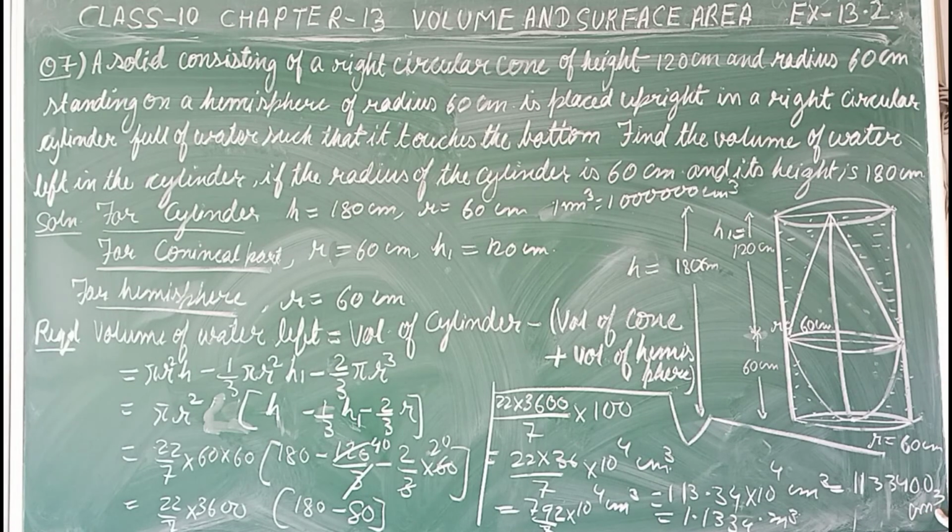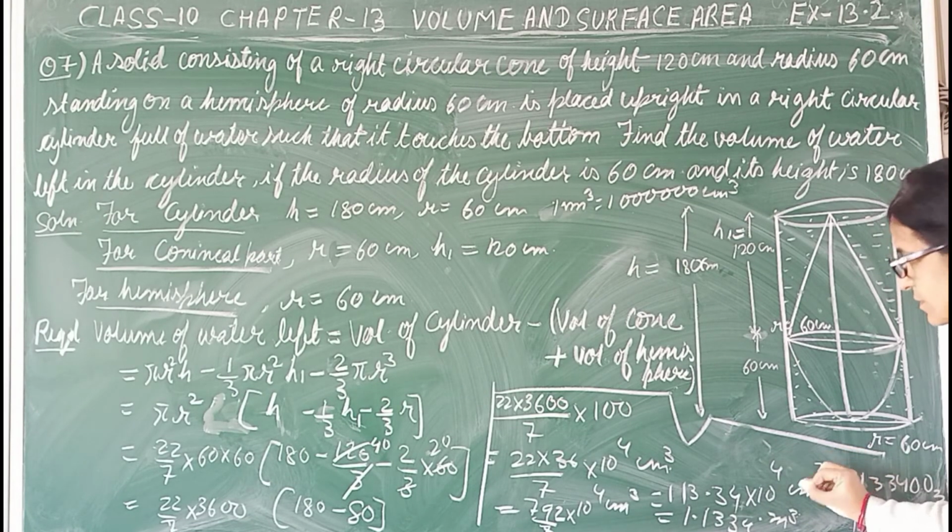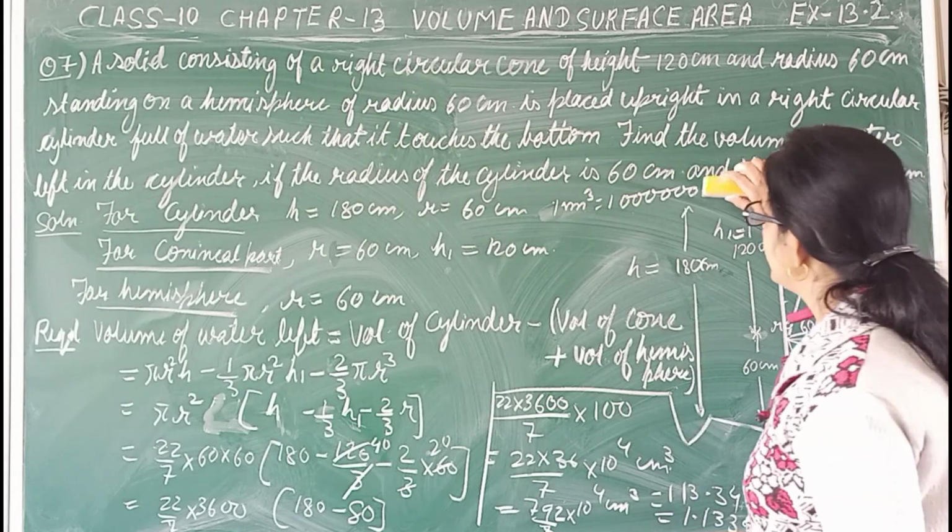If I want to write this in the form of meter cube, I have to go 6 places to the left side. So 1, 2, 3, 4, 5, 6. So 1.1334 meter cube. But children, keep in mind, you can write the answer over here as well. It is 113.34 into 10 to the power 4 centimeter cube as well. Conversion, you should be confident.